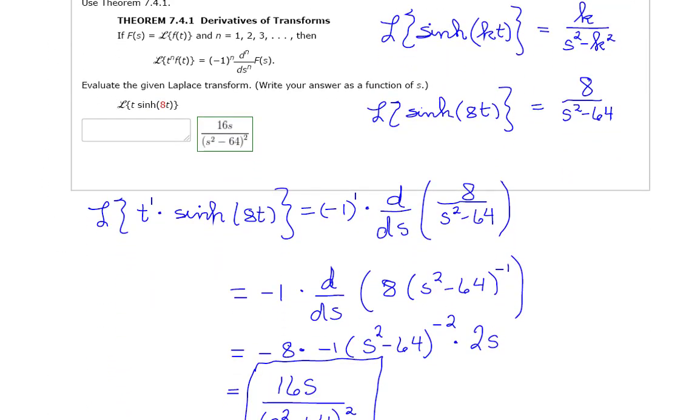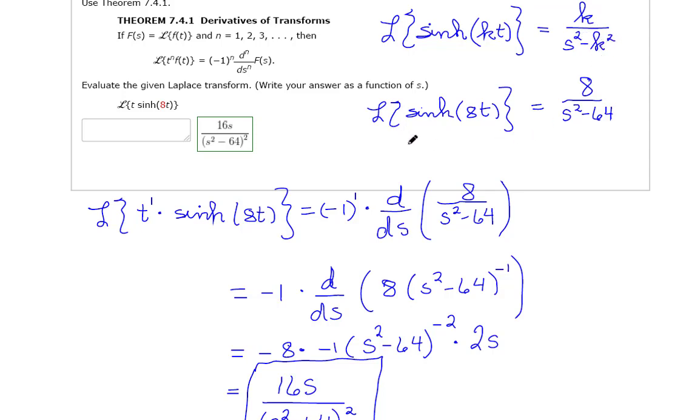In question 2, we have the Laplace transform of t hyperbolic sine of 8t. Alright, well, we haven't used the hyperbolic sine before, but the Laplace transform for the hyperbolic sine of kt has a k on top and s squared minus k squared.